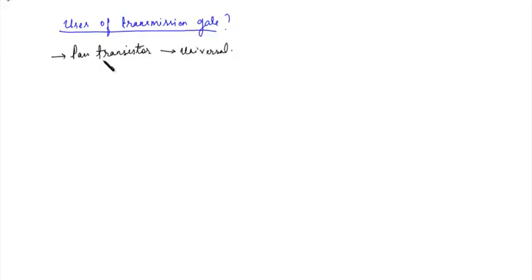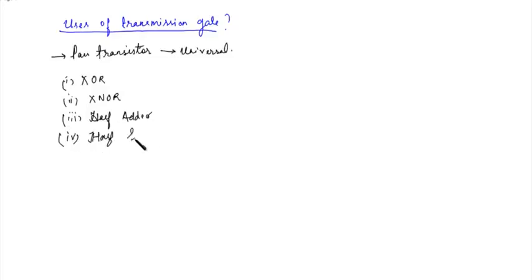It acts universal because we can draw circuits like XOR, then XNOR, and circuits like half adder, half subtractor, similarly full adder.